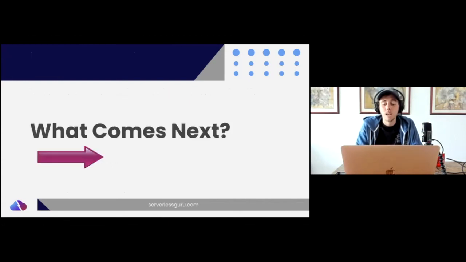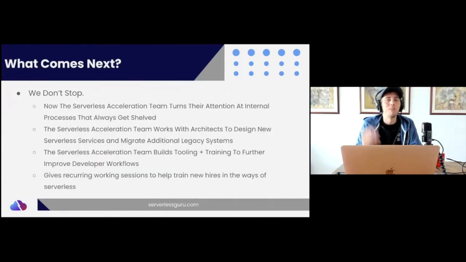So what comes next after this, right? We got through it. So do we stop? No, we never stop. That's the point. If you walk away with one thing, it's that we never stop. The serverless acceleration team now can turn their attention towards internal processes that always get shelved. When I think about serverless adoption, I don't just think about adopting Lambda, right? Or DynamoDB. I think about a culture shift.